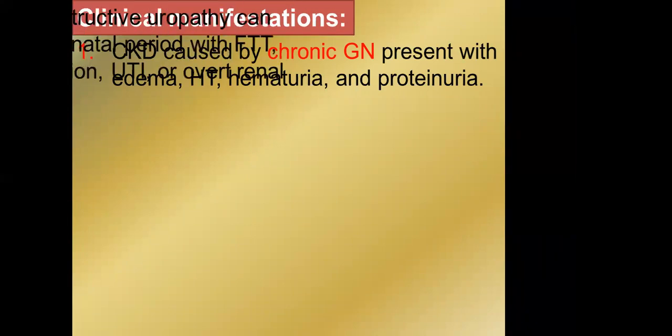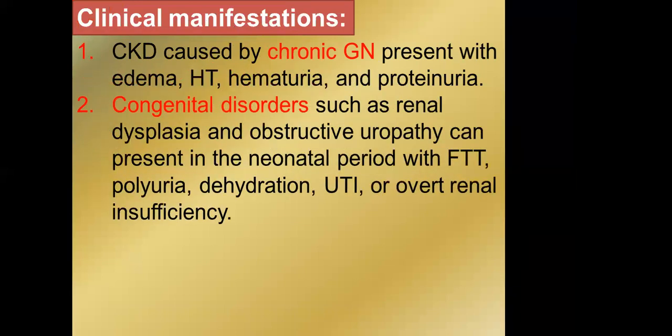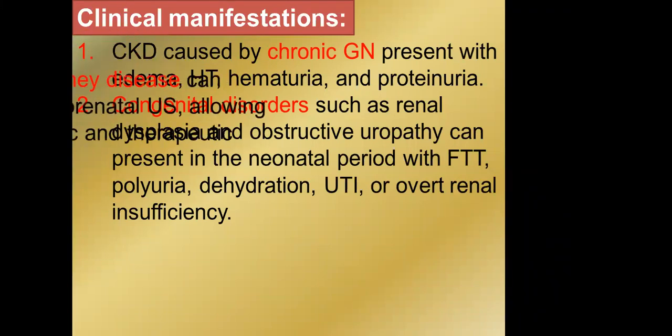While infants and children with congenital disorders such as renal dysplasia and obstructive uropathy can present in the neonatal period with failure to thrive, polyuria, dehydration, recurrent UTI, or overt renal insufficiency. So it is according to the underlying cause.